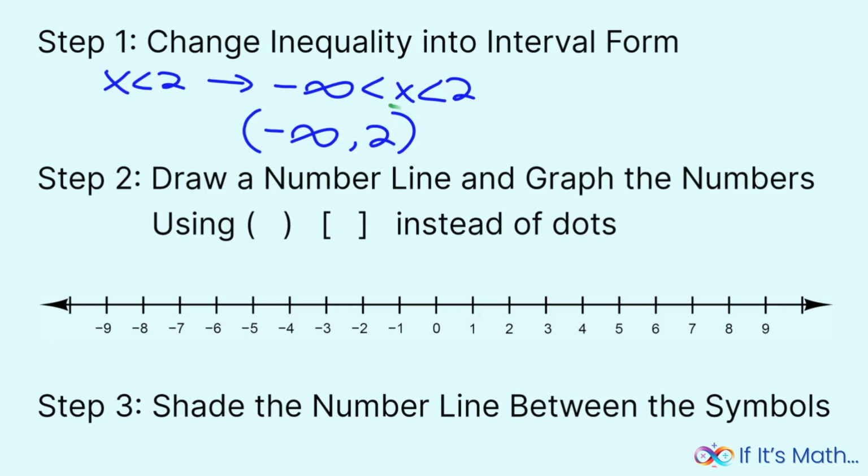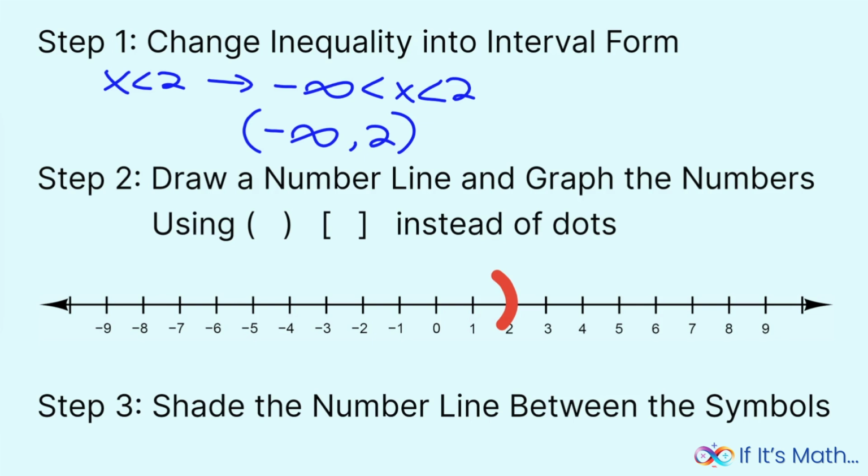So when we do the 2 on the number line, we're going to use that same symbol. So we're looking for the 2. If we were doing this for just the point, you would do a dot. But because we're doing this as an inequality, you're going to have a right parenthesis, just like that. Now for infinity, there's nothing to actually graph, right? You can't put a dot on negative infinity.